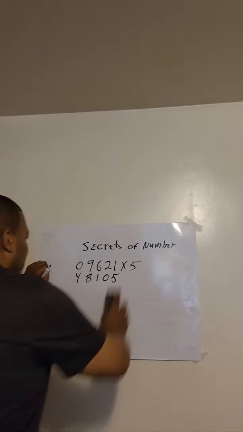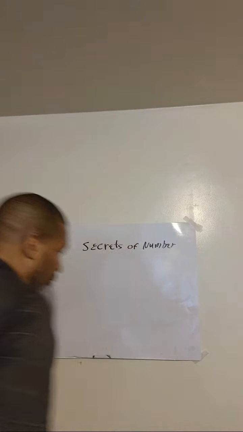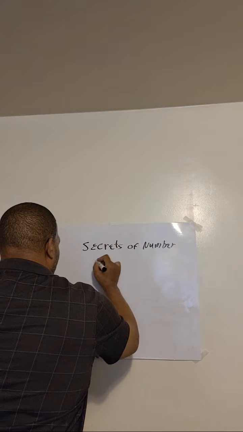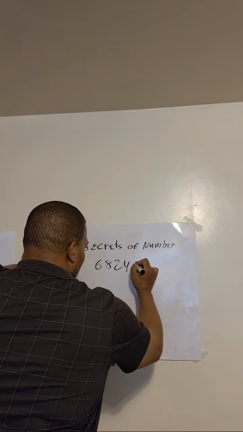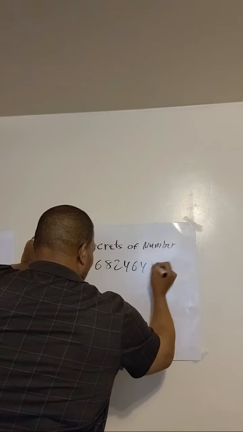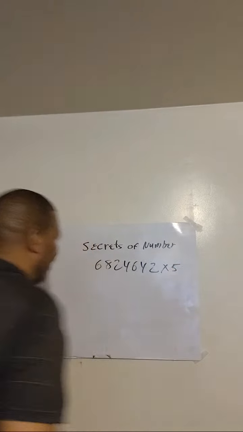So, let's go back to the beginning, and we'll just put down a number again. So this is a number that we have. Let's do 6, 8, 2, 4, 6, 4, and let's say, let's just do another 2. Okay? Times 5.